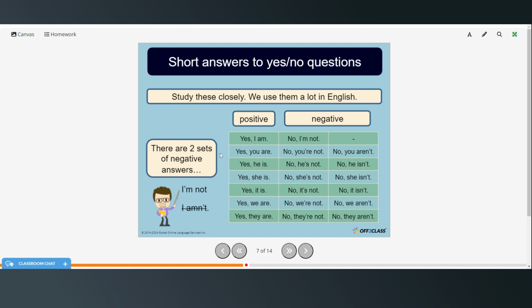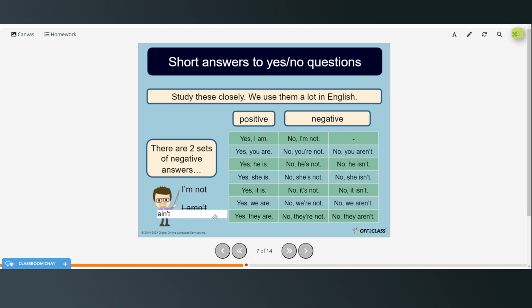Two sets of negative answers. We could say yes, I am, or no, I'm not. So there isn't any contraction for am and not. The contraction is you contract the words I and am. So you can't say amn't. There's no amn't. Sometimes you'll also hear people say ain't, which they try to use as a contraction for am not, but it is not correct.